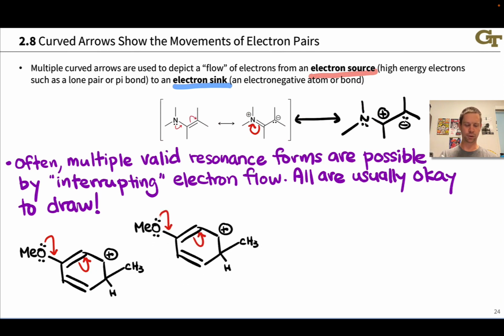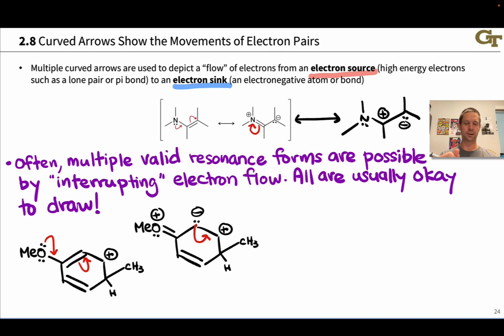This would create an alternative resonance form where this pair of electrons has been converted into a double bond, and this pair of electrons has been converted into a lone pair. And this is, while not the best resonance form, a completely valid resonance form. We could then notice, okay, I've got a lone pair adjacent to a carbocation, a positively charged unsaturated carbon.